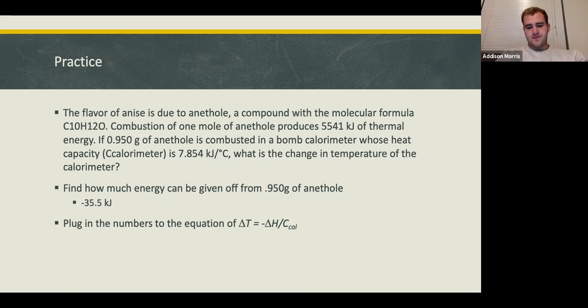So plug the numbers into delta T equals negative delta H, so what we just got, negative 35.5, divided by the heat capacity of the calorimeter, 7.854 kilojoules per degree Celsius. Go ahead and plug that in. Okay, you should have gotten 4.52 degrees Celsius. And that is the change in temperature in the calorimeter.